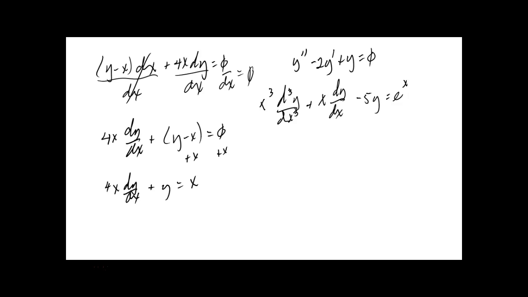It is linear, okay, because your third derivative doesn't have any other y or a derivative of y multiplied by it. Your first derivative doesn't have any y or other derivative of y multiplied. Your y doesn't have any other y or derivative of y multiplied by it. And it doesn't matter what that function of x is at the end, e to the x, that could be anything.